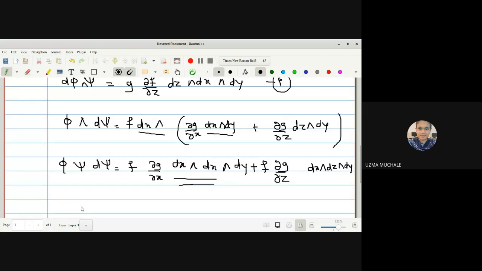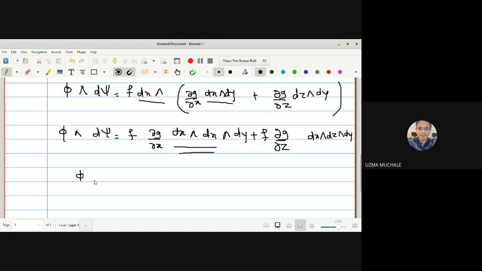This is 0, so we remain with only the last term. So phi wedge d psi is equal to f dou g by dou z dx wedge dz wedge dy.